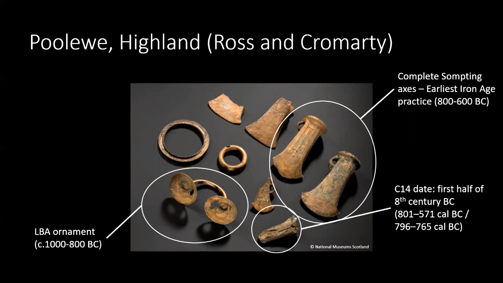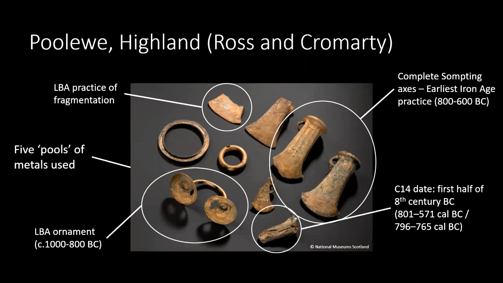perhaps an heirloom object that could be anything between a couple of decades and over 100 years old when deposited. And whilst the axes I've mentioned so far were left complete, it's also telling that we have an incomplete, deliberately fragmented axe head here, a practice that's very much more common in the late Bronze Age. It's much more common in the earliest Iron Age to leave axes complete when deposited. And so here we have a mixture of practices that seem to be going on, as well as slightly older objects.